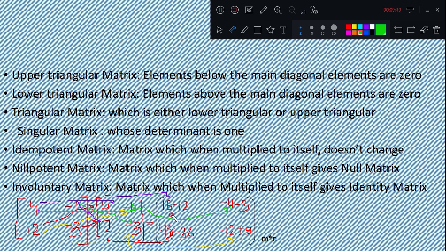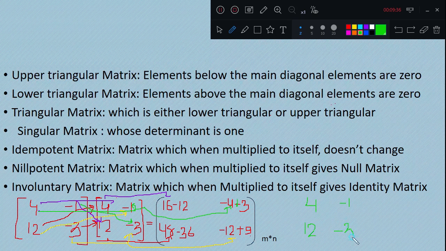If we subtract 16 minus 12, it will give you 4. If we do minus 4 minus 3, it will give us minus 1, it's plus here. And if we see this, it will give us 12, and here it will give us minus 3.